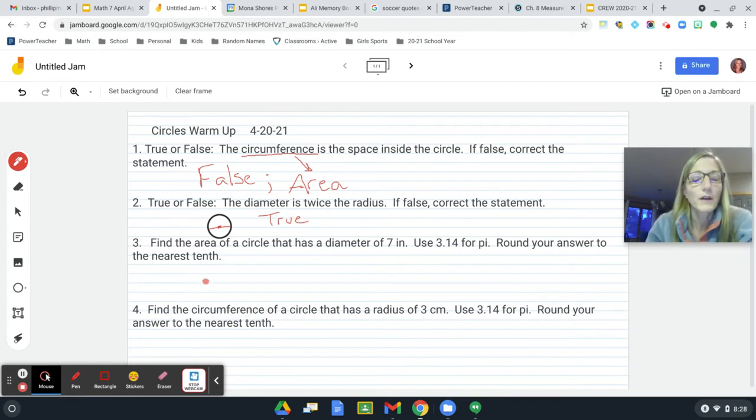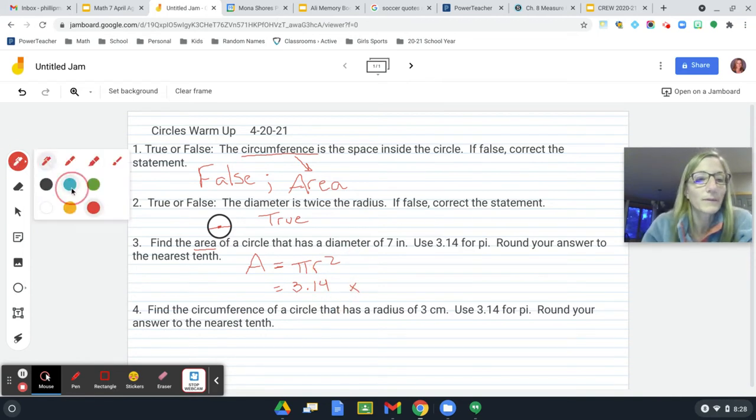Number 3, find the area of a circle that has a diameter of 7 inches. Use 3.14 for pi. Round your answer to the nearest tenth. So if we're looking at finding area, here's our formula, pi r squared. And if we're going to use 3.14 for pi, and then we're going to multiply that by that radius squared, we have to look and see what we've got here.